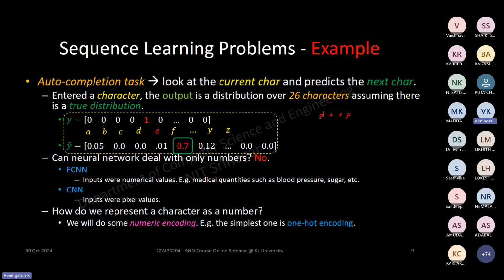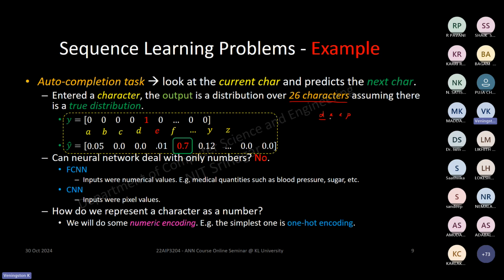So we have 26 alphabets in English, and in case you include punctuation and both the cases, capital as well as small, then the number of symbols in the English alphabet would be more than 26. But for simplicity, let us assume that we want to build an auto completion task which is insensitive to the case of the typing.